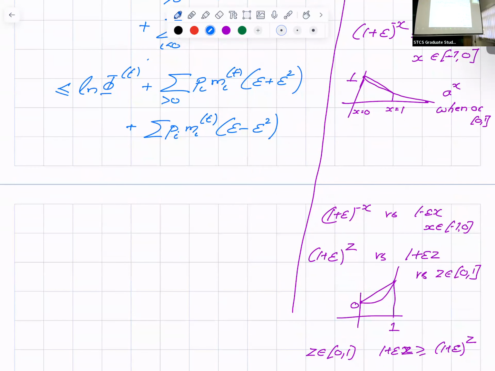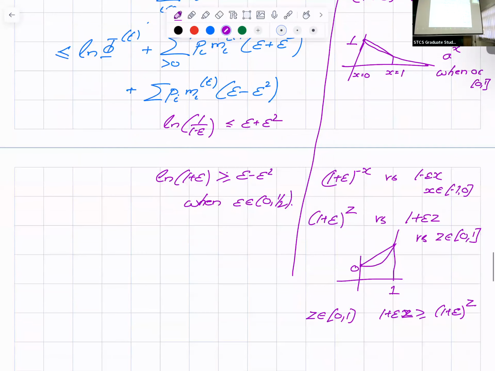And here I'm using the fact that ln of 1 by 1 minus epsilon is less than or equal to epsilon plus epsilon square, and ln of 1 plus epsilon is greater than or equal to epsilon minus epsilon square when epsilon is small.